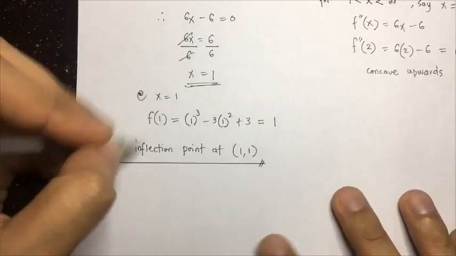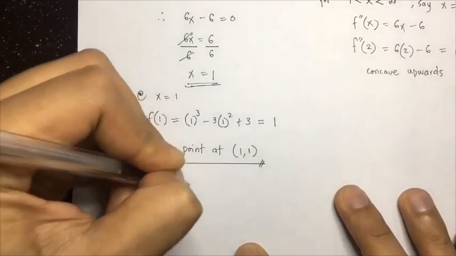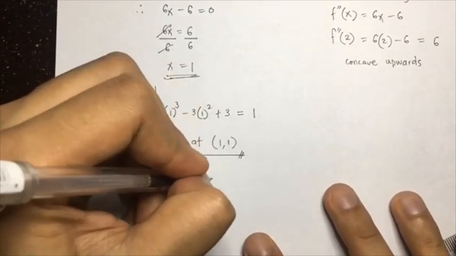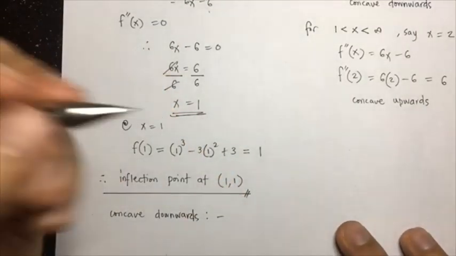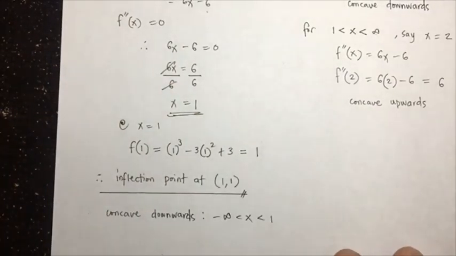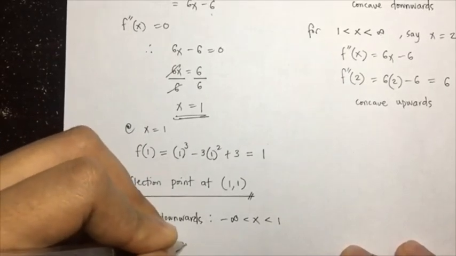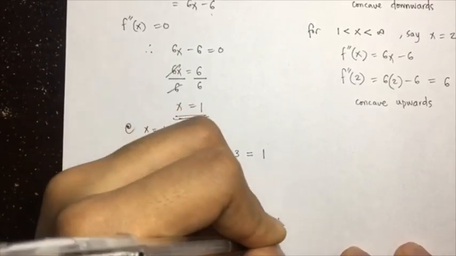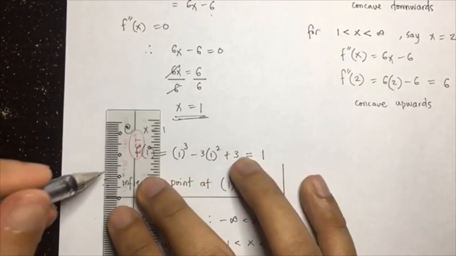It is concave downwards from negative infinity to 1, so negative infinity is less than x is less than 1, and it's concave upwards from 1 to positive infinity. Okay, so this is our answer.